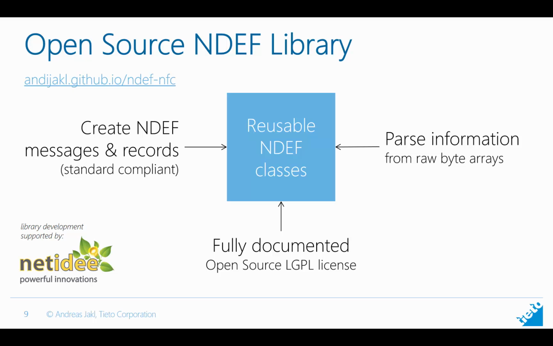It's all under an open source license, the LGPL license, which allows you to use it also in commercial projects without having to open your own source code. It's fully documented, and it allows you, first of all, to create those NDEF records and messages according to the standards, and also to parse information if you read or get some NDEF message so that you can convert it to human readable information.